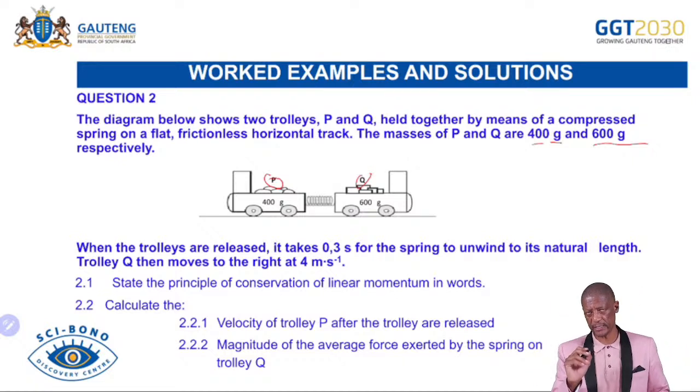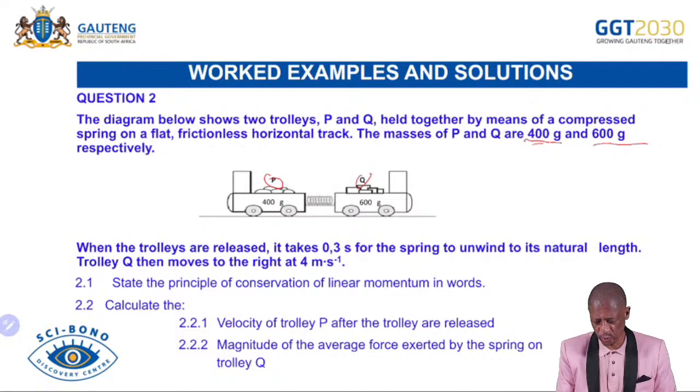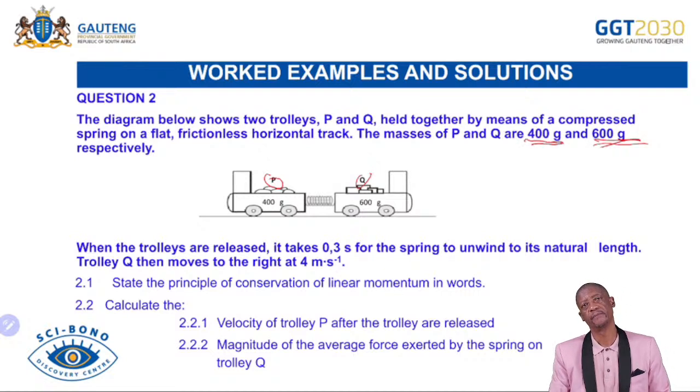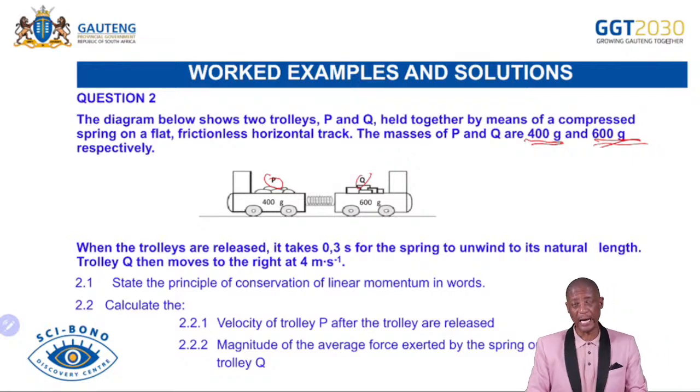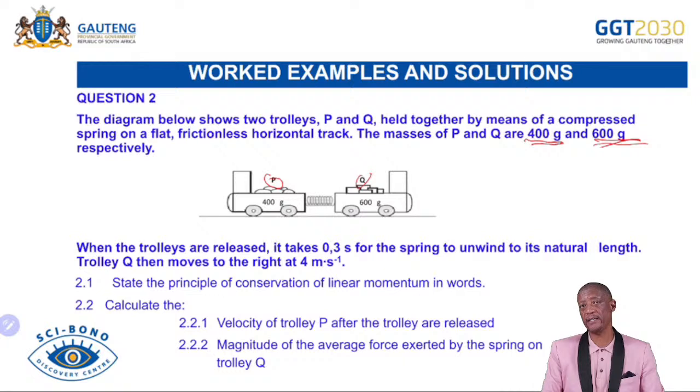Now, what do we need to take into cognizance here? The SI unit. We never calculate with grams. Always you calculate with kilograms. So in other words, what comes to your mind is that you need to do conversion here. Conversion is very important. Grade 10 work, when we started, we did conversion of SI units. So you cannot use 400 gram. You use it as kilogram.